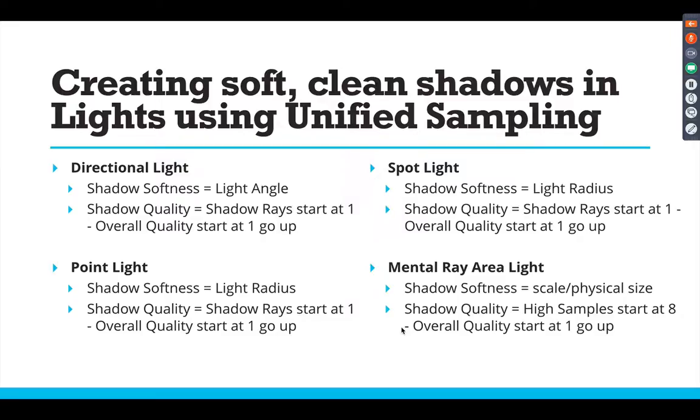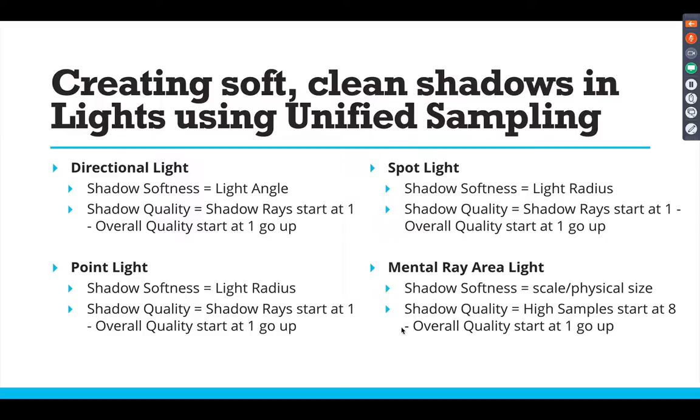Now, occasionally, if you've got a scene you're working on and one particular light is driving you crazy, it just doesn't seem to want to clean up, instead of cranking up overall quality, what we usually wind up doing is taking that one light and increasing the shadow rays just a little bit.